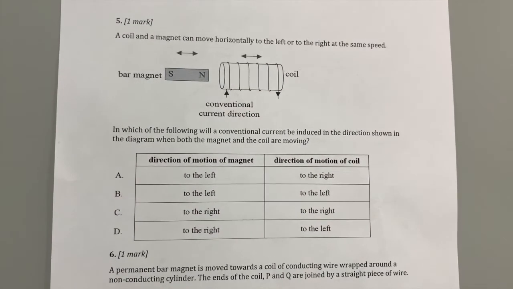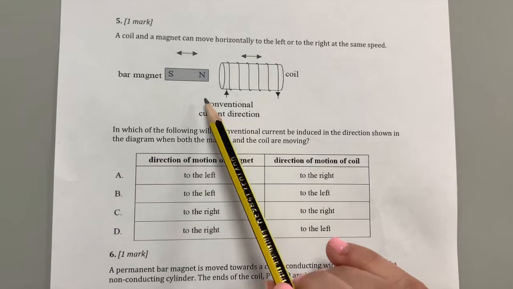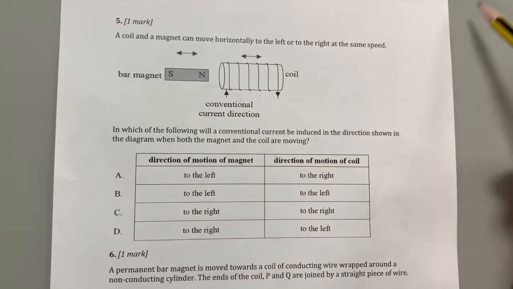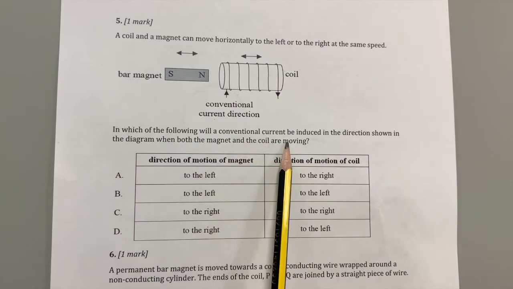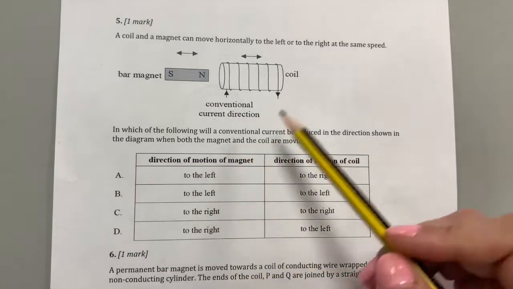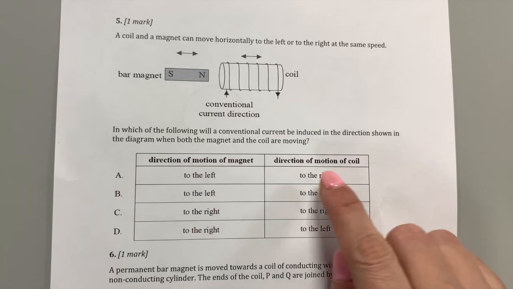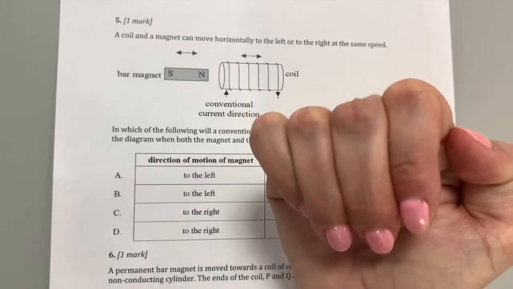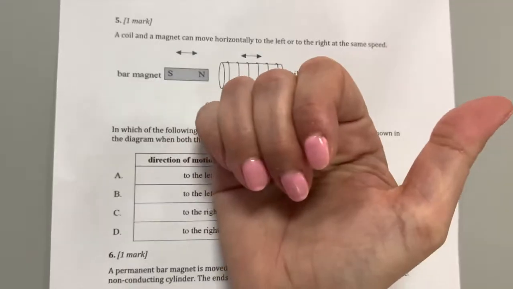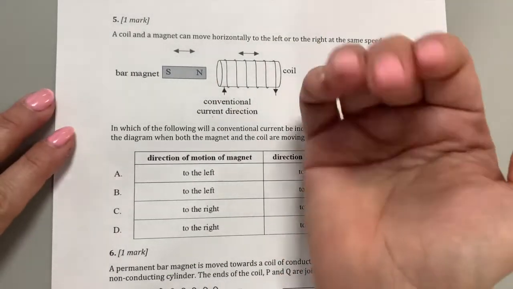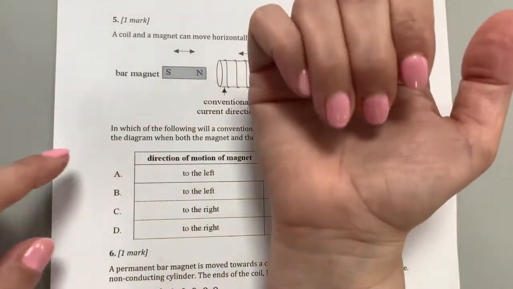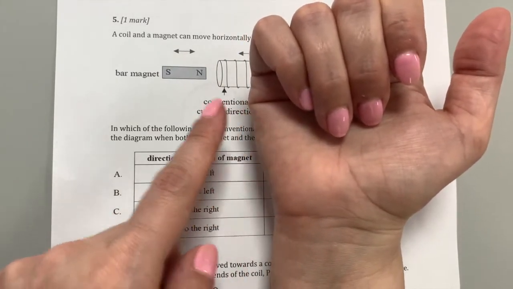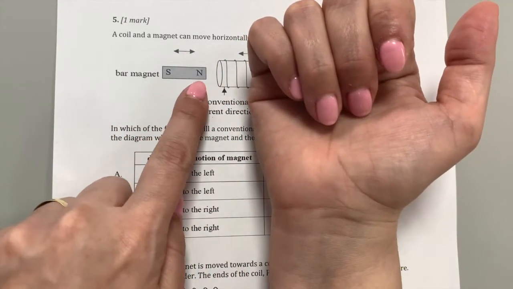Number 5. A coil and a magnet can move horizontally to the left or right at the same speed. In which of the following will a conventional current be induced in the direction shown? So you want the induced current to be towards yourself like this. That's when the south pole of your induced current would point towards the north.